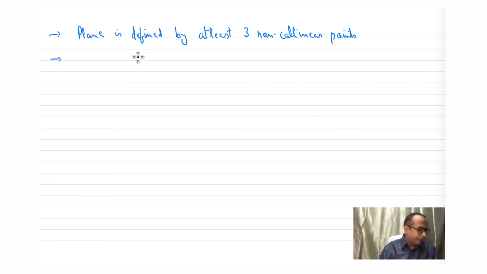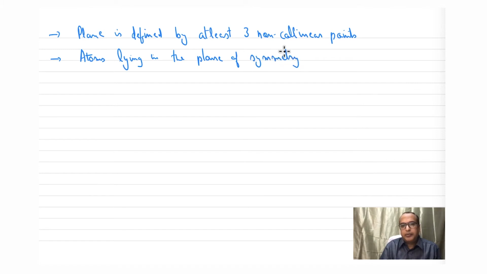How do you define the plane? Atoms lying in the plane of symmetry do not move upon reflection, right? This we already know, because anything which is lying along the symmetry element, that atom or point will never move, or a bond, right? That will never move.